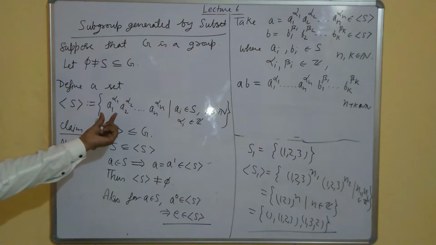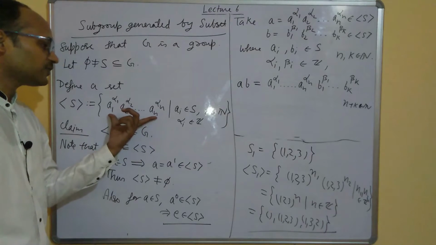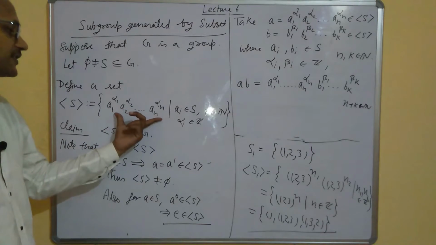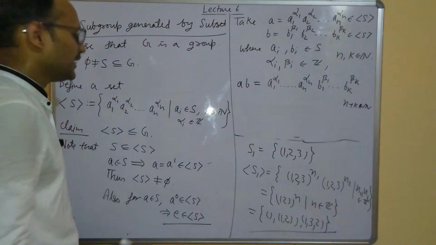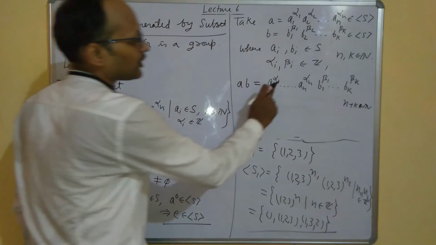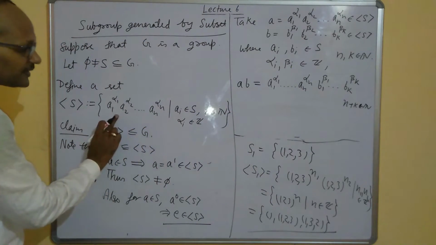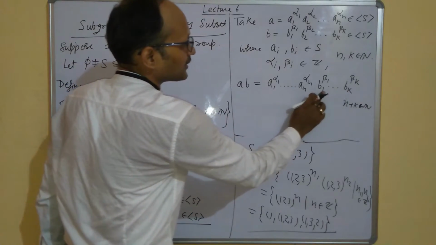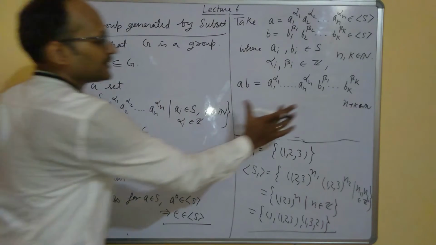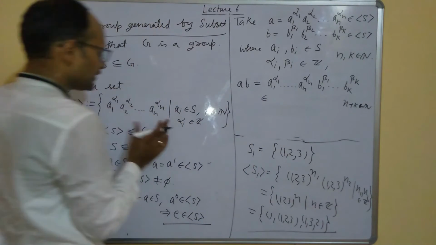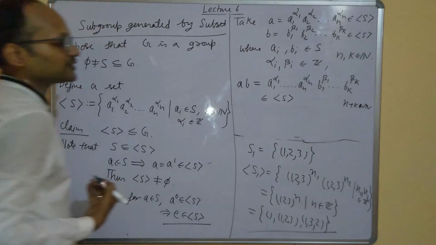So a product of one element, two elements, three elements, any finite number of elements is always here. And this is the product of n plus k elements. Another thing is that the powers should be integers. So all the powers are integers, you can see. And whatever is written in the base should be an element of S. All the elements written in the base are elements of S. So this element is also of this form, so it belongs to this set.